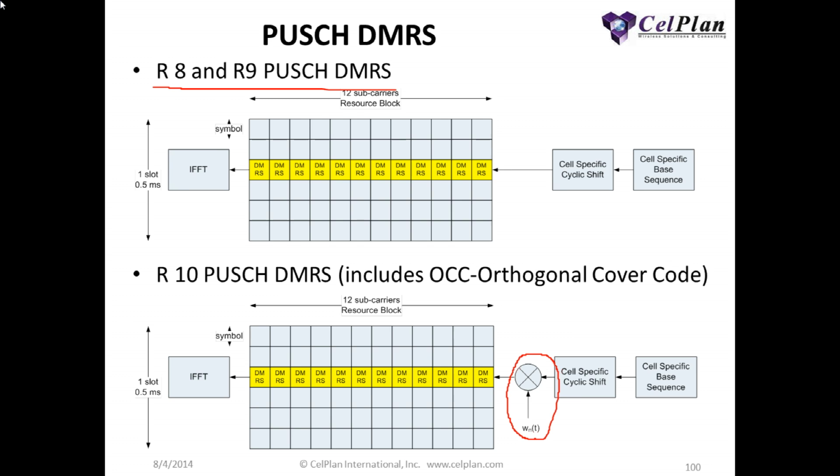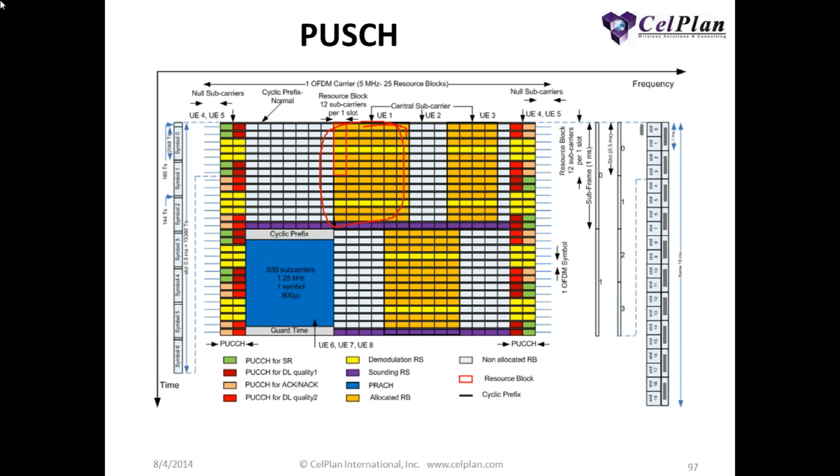So if we go to the figure here, this can be allocated to this side or to this side and so on. So this is one UE transmitting, this is another UE transmitting, this is another UE transmitting, and those UEs have to transmit a contiguous number of resource blocks.